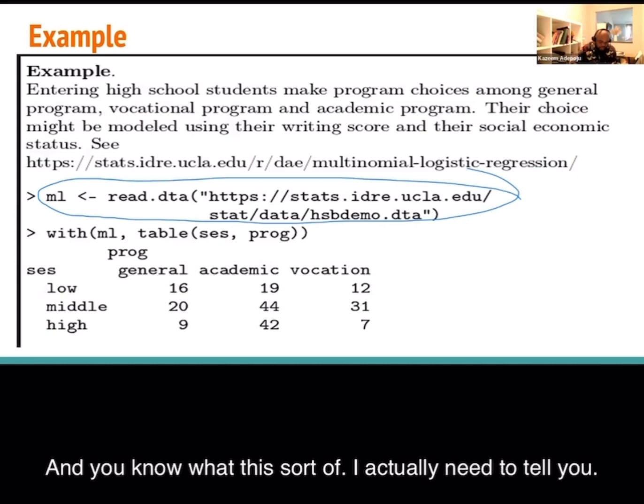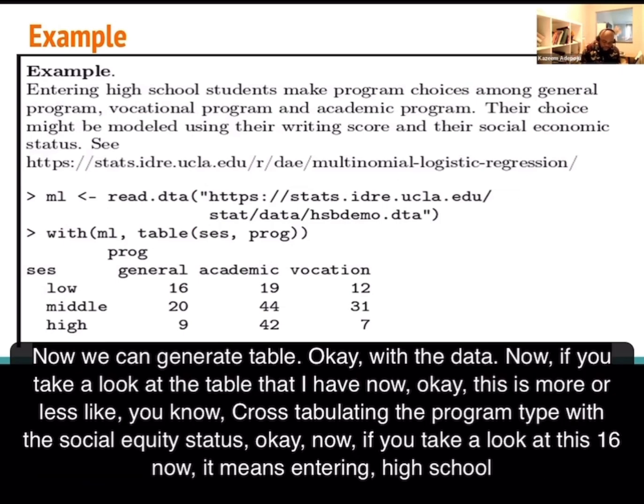Now we can generate a table with the data. This table is more or less cross-tabulating the program type with the socioeconomic status.